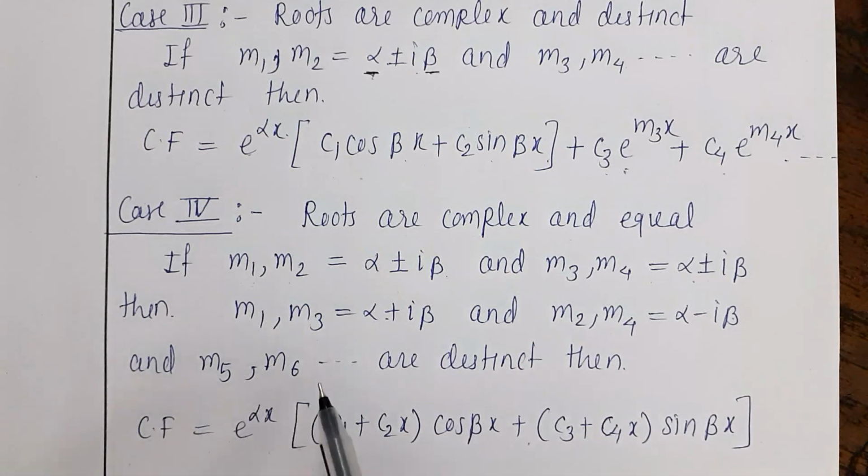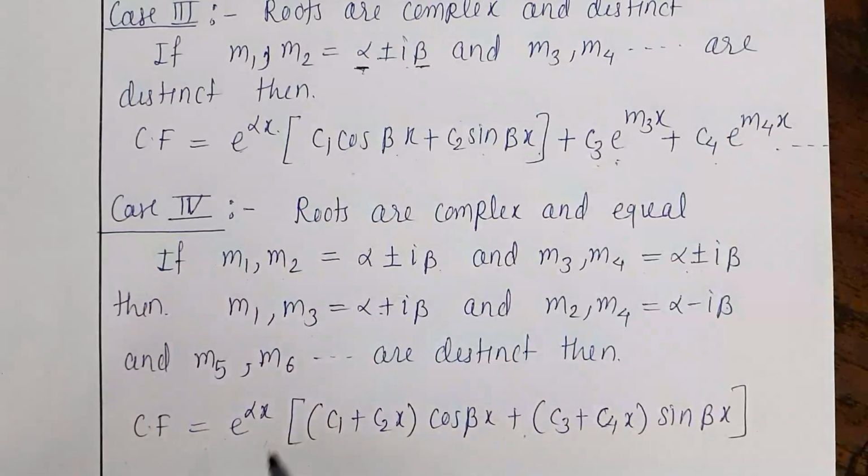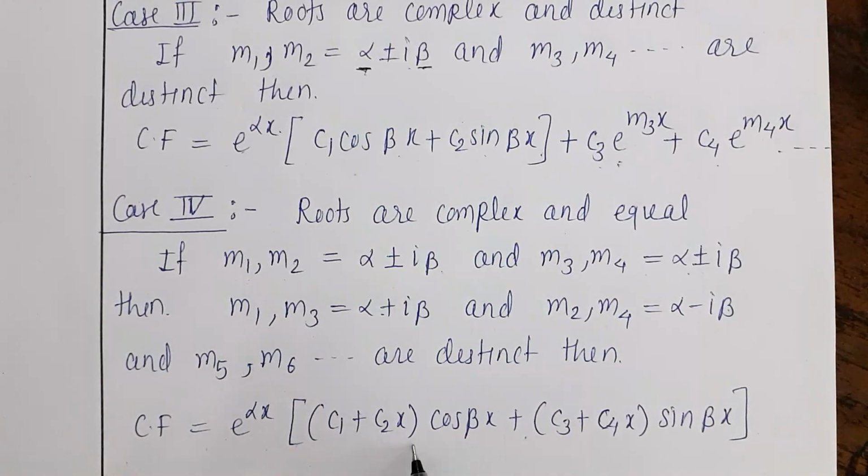Then CF can be written as e to the power alpha x (c1 plus c2x) cos beta x plus (c3 plus c4x) sin beta x.